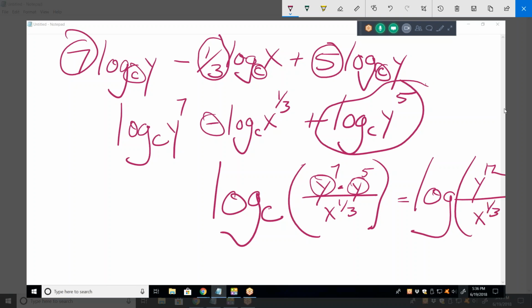The same rules. Remember, logs are exponents. So the rules that apply for exponents apply to logs also. And probably the most important thing to know is never do the same thing. You got to do something different. Now, that doesn't necessarily mean you're going to get it right, but you always have to do something different.